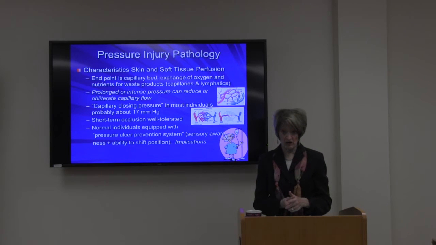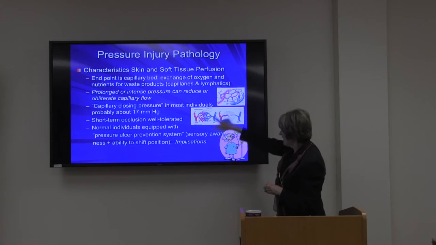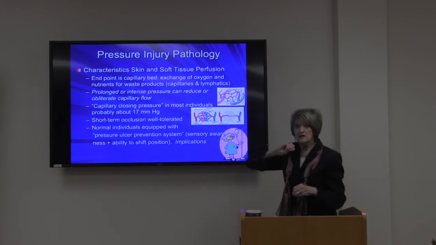But the end point of the circulatory system is the capillary system. And that's the critical point, because that's the point at which oxygen and nutrients are exchanged for carbon dioxide gas and waste products. So it's the capillary bed where everything happens.